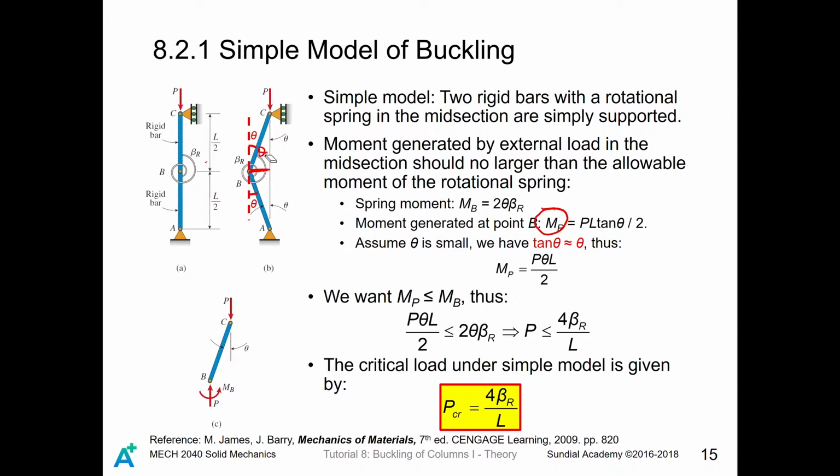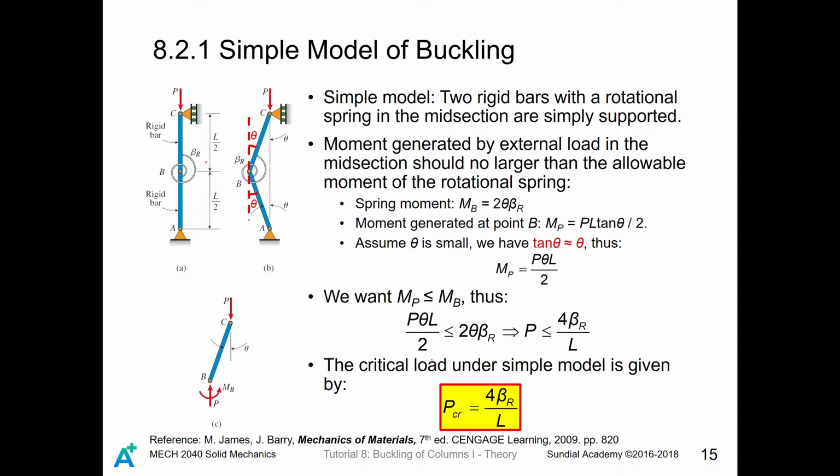Basically, if we assume tangent theta is equal to theta due to the small angle assumption, then this M_P becomes P theta L divided by 2. We want the moment generated by the external load P to be less than the critical moment of the rotational spring.